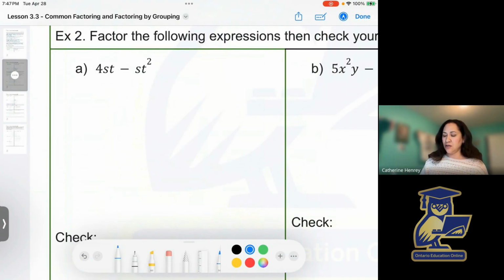And if I were to take a look at what is common, I have an s in both terms, and then I have at least one t in both terms. So factor out an s and a t, and 4st divided by st, that would leave me with 4. And then negative st squared divided by st, that's going to leave me with 1t.